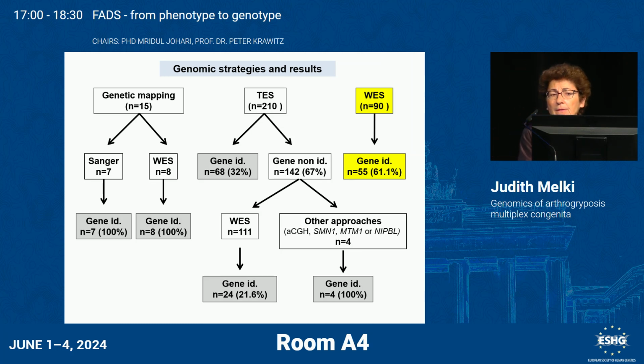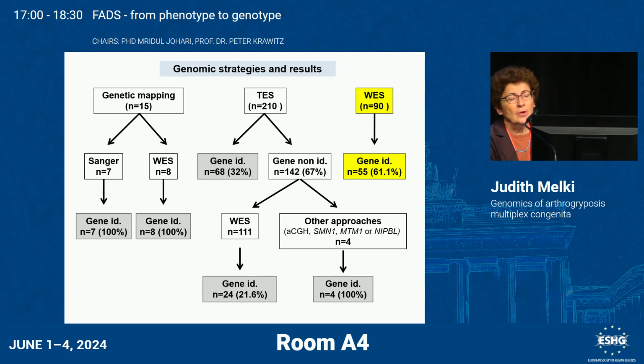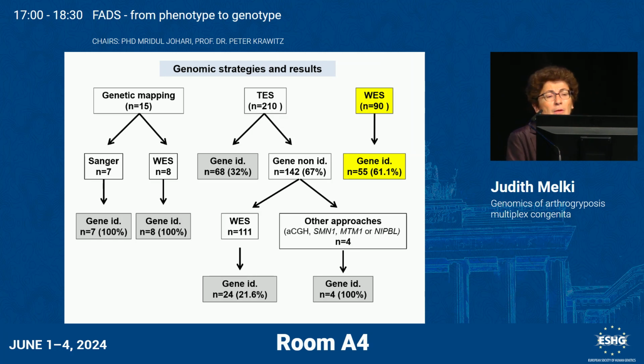With targeted exome sequencing, only 32% of genetic diagnosis was established at that time, but as you will see, it's mainly because of new genes, which represent a high percentage of our cohort. So we moved to whole exome sequencing, and gene identification was established in 61% of cases.